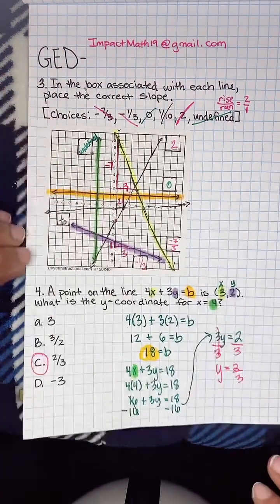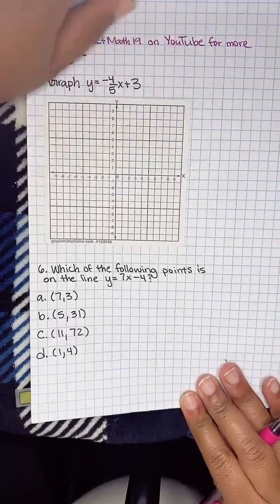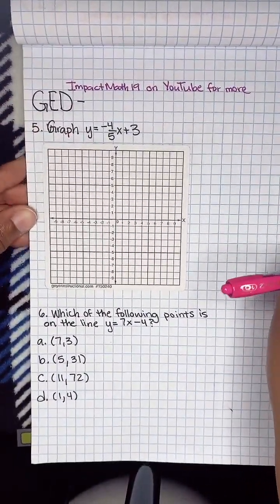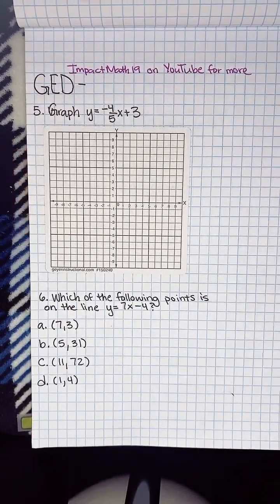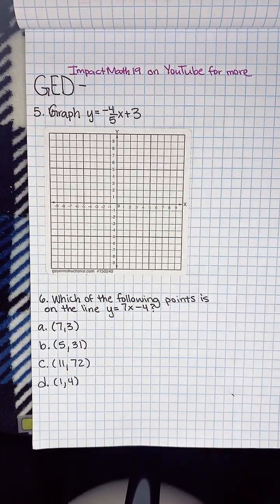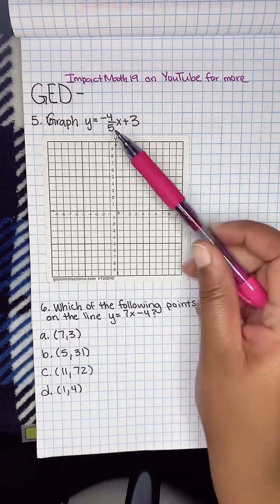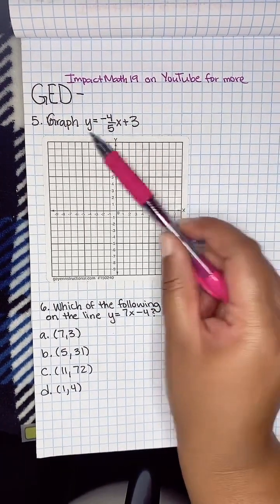All right, let's keep it pushing. All right, so on your GED test, you could come across one that says graph this equation. So when you're graphing and they give it to you in slope-intercept form, we love this, okay?